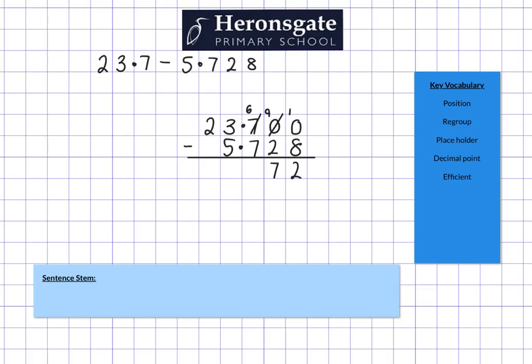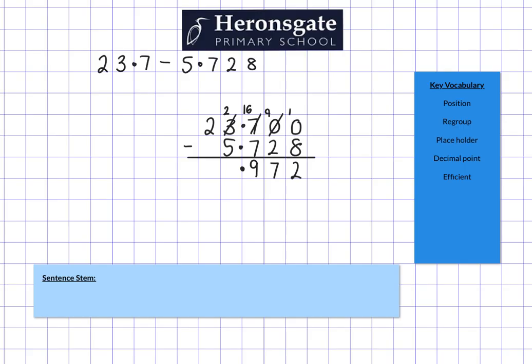I have 6 tenths, subtract 7 tenths. I'm going to need to regroup from my ones column. I now have 16 tenths, subtract 7 tenths. That gives me 9 tenths. I need to put in my decimal point. 2 ones, subtract 5 ones.